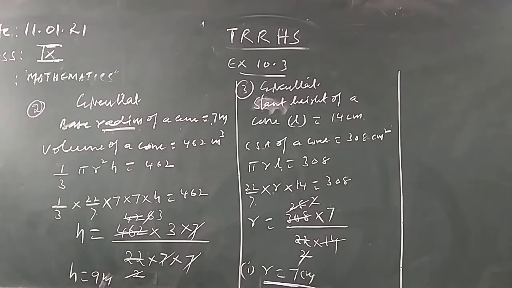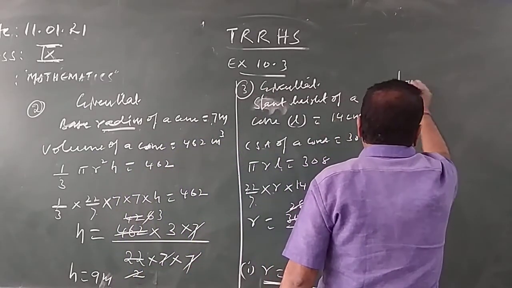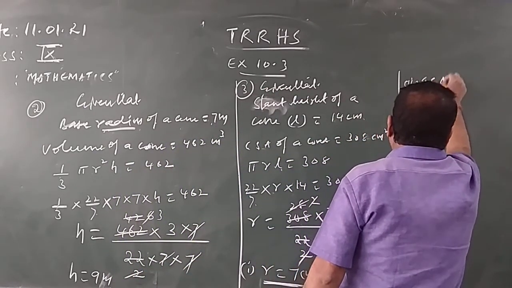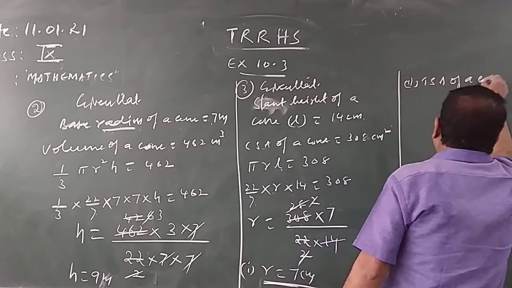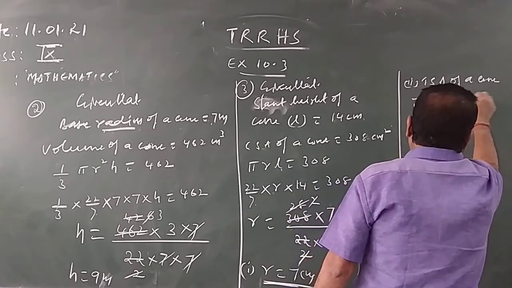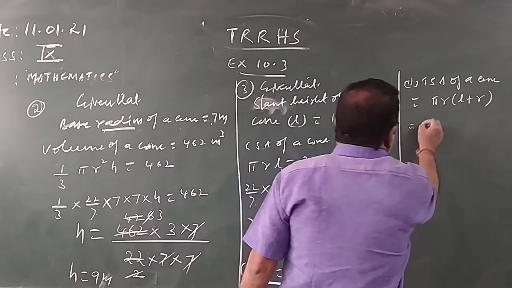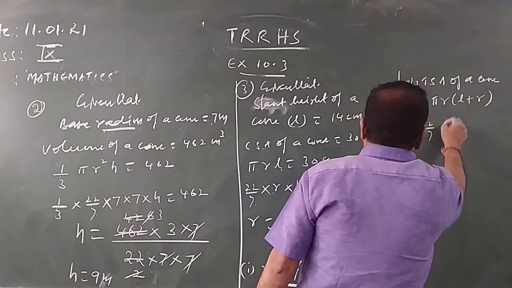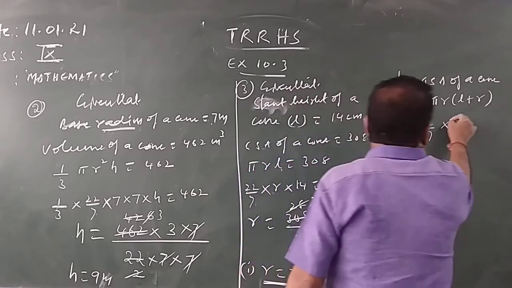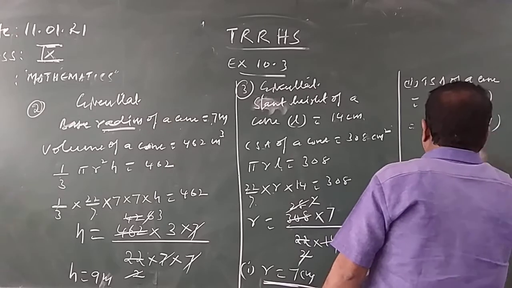Total surface area, TSA of a cone, is pi r into l plus r. Second bit. So pi value is 22 by 7. The radius is how much? 7. l plus r: l is 14, r is 7.